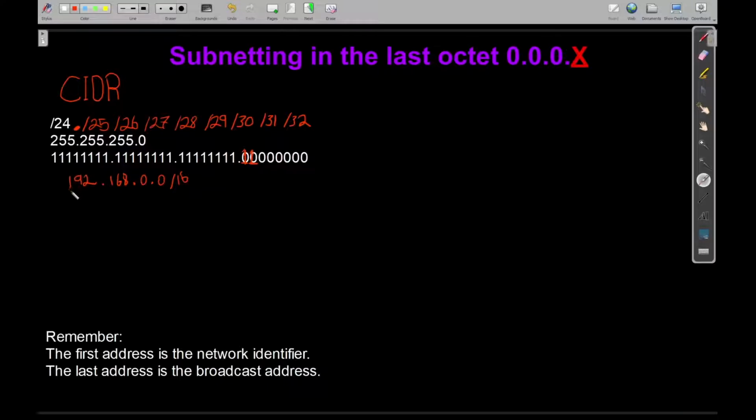For example, let's say we were given this address, 192.168.0.0/16. So we know the divider is right here. And we were told to subnet this into 4 networks, and each of those networks has 32 end devices on them.